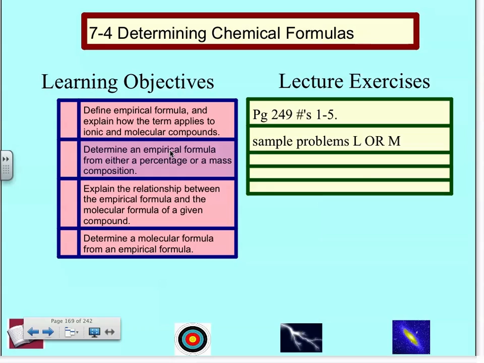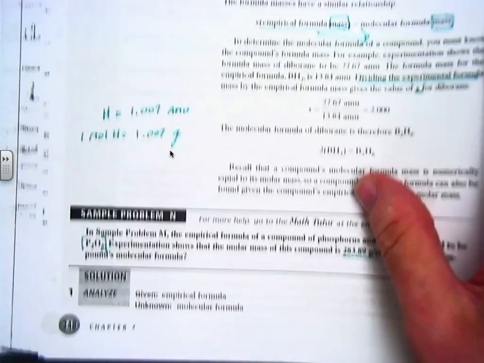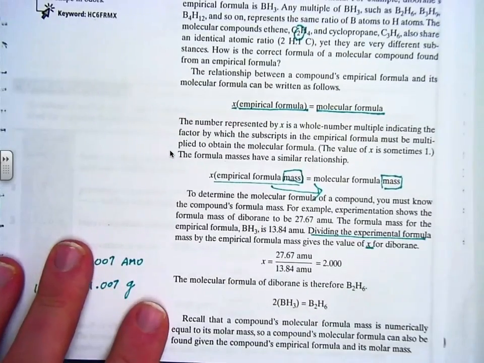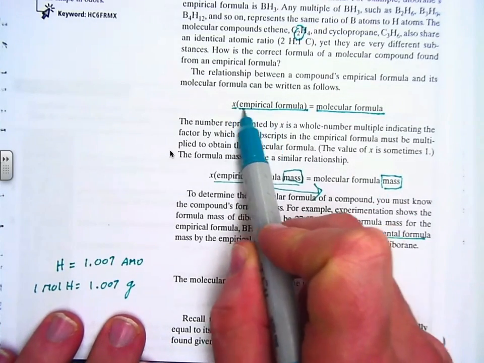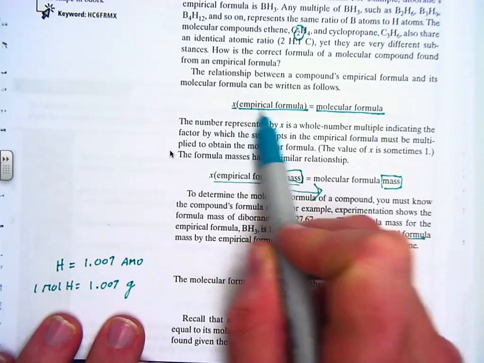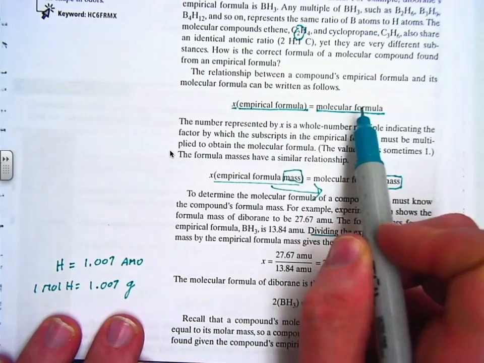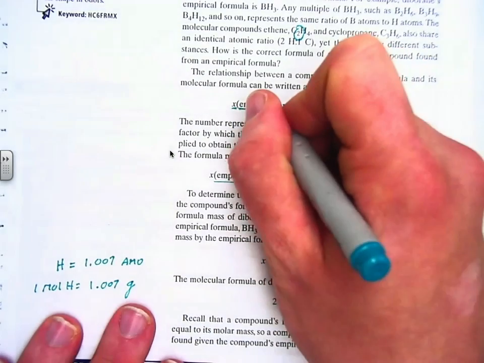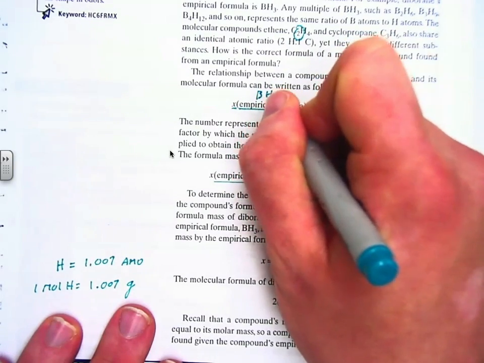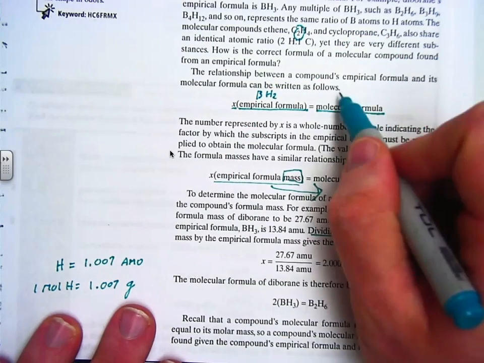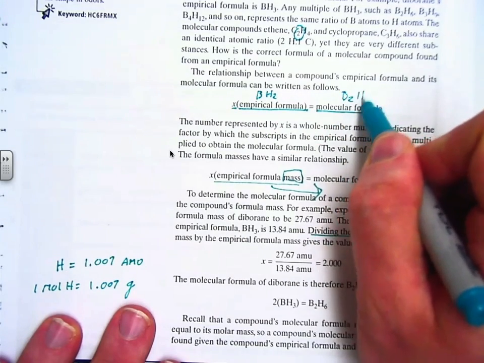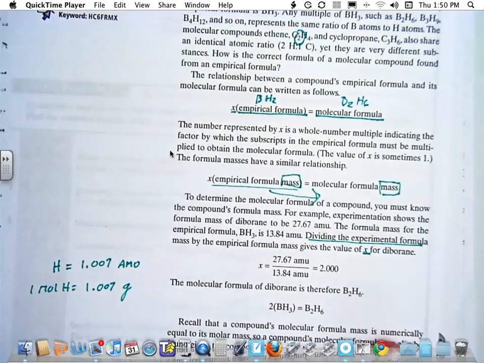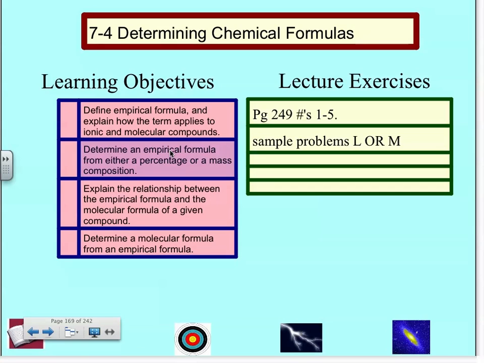Here's the relationship. You have to multiply the empirical formula by some number, x, a whole number, to get the molecular formula. Remember in our example we had BH3 for diborane, and we multiplied it times x, which happened to be 2, to get B2H6.